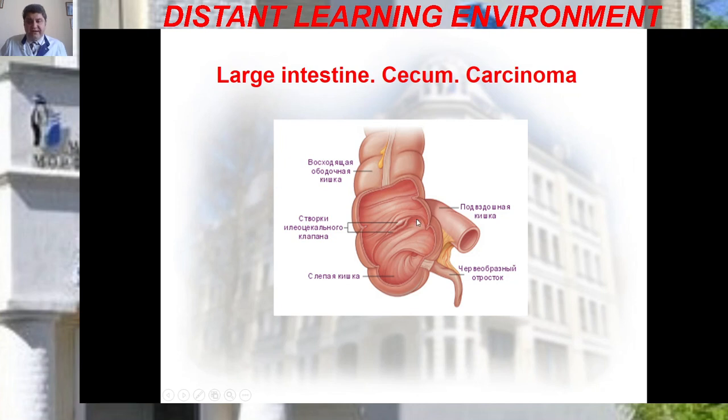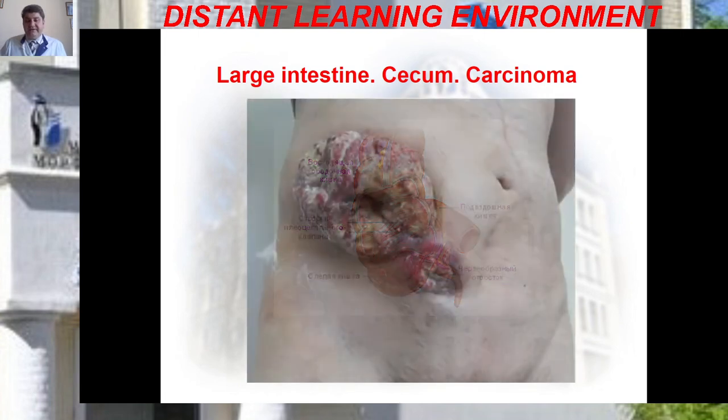In detail, you can see the parts of the ileocecal valve, and it regulates the passage from the ileum to the cecum. Also, you can see the vermiform appendix, which contains lymphoid tissue.